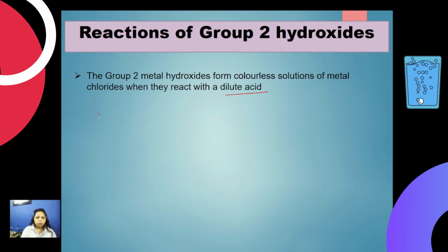First of all, we write a general equation: a metal hydroxide, which would be solid, reacts with hydrochloric acid, which would be aqueous. It gives a metal salt, which would be aqueous as well because these are soluble, along with water, which would be written as liquid.